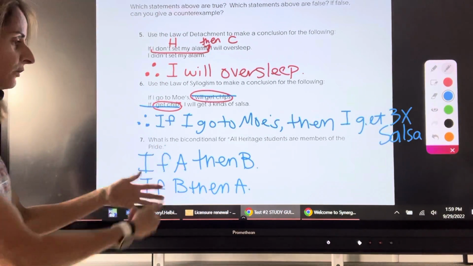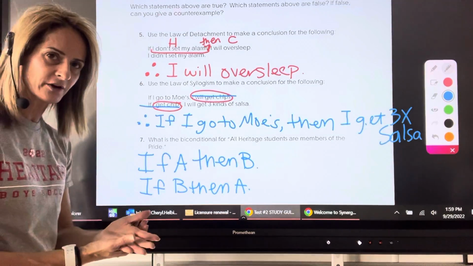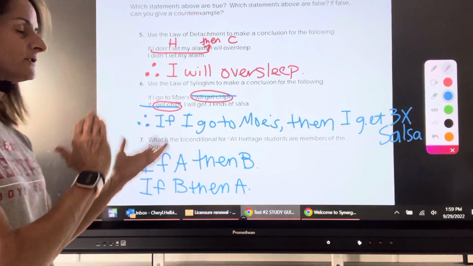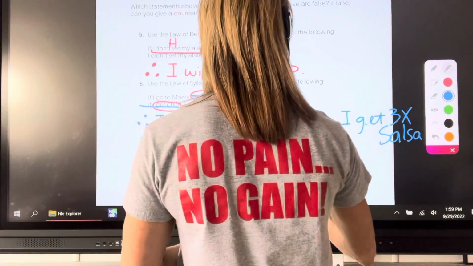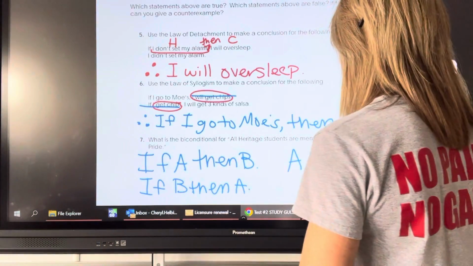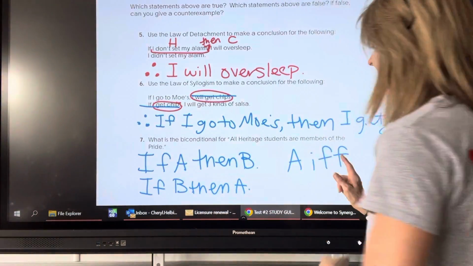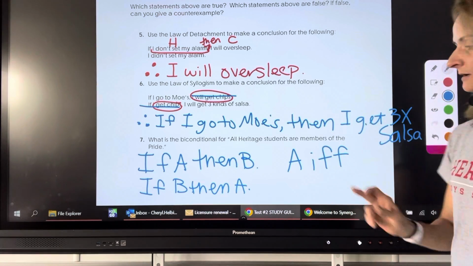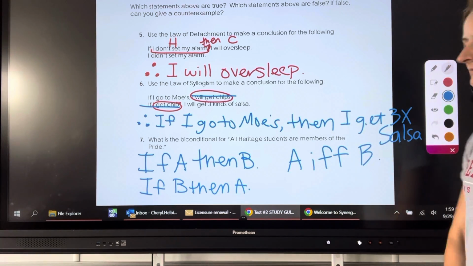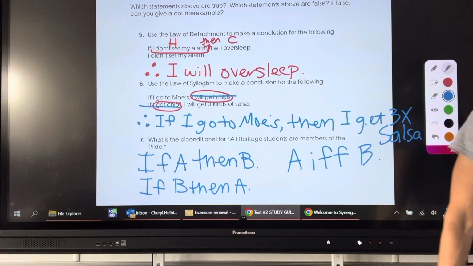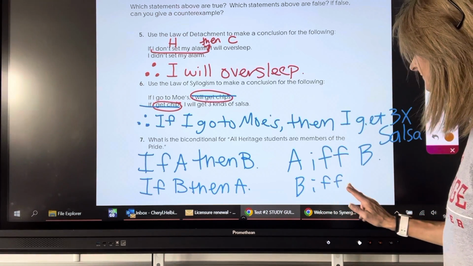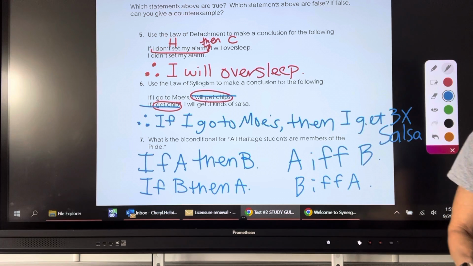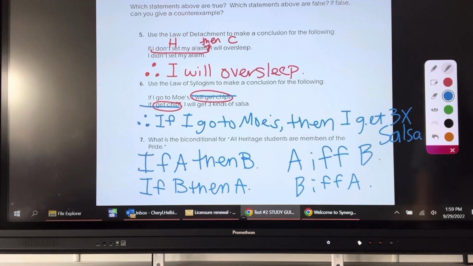You don't have to write both of those. You can just kind of put them together. And there's no if, there's no then. There's an if and only if. It's A, and then you can write if and only if, but I'm going to write IFF because that's short for if and only if, B. That's how you write the biconditional. Or you could write B if and only if A. That's it. Either one is fine.